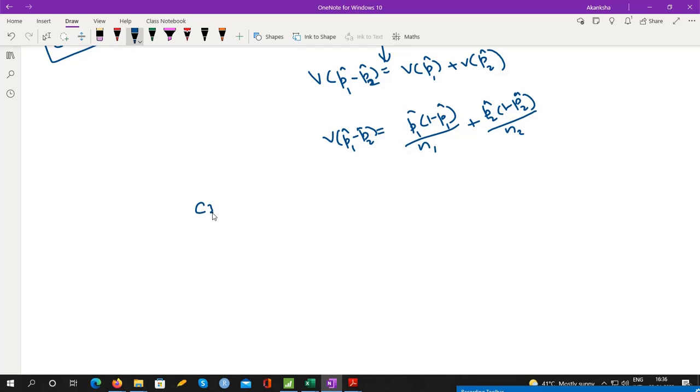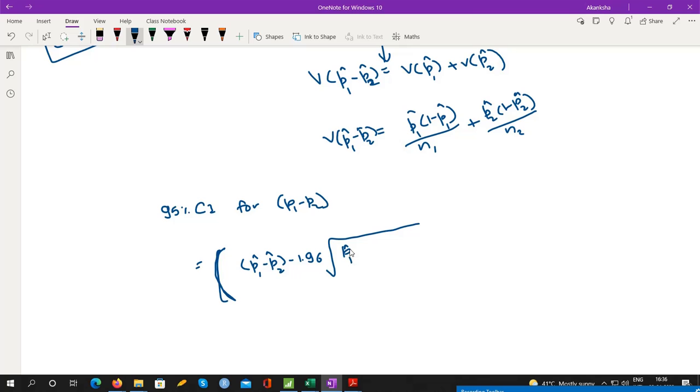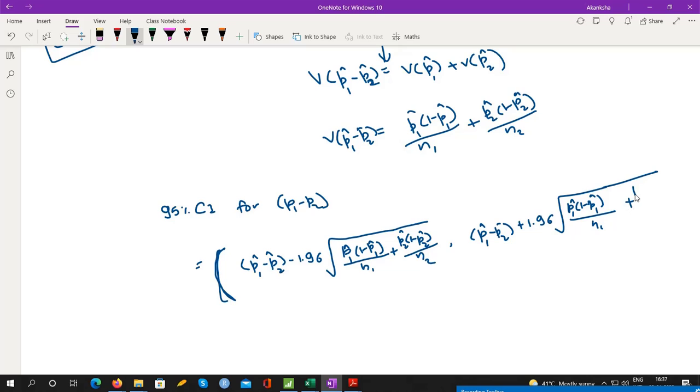So my 95% confidence interval for p1 minus p2 would be p1 hat minus p2 hat minus 1.96 times the square root of p1 hat times 1 minus p1 hat upon n1 plus p2 hat times 1 minus p2 hat upon n2, comma, p1 hat minus p2 hat plus 1.96 times the same square root.